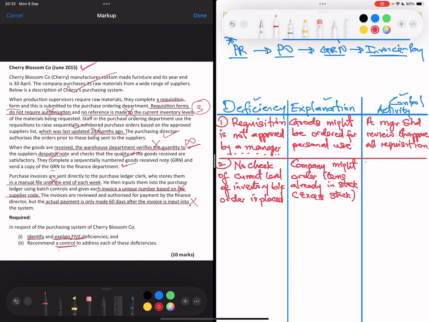So review of current inventory level before any order requisition is approved.